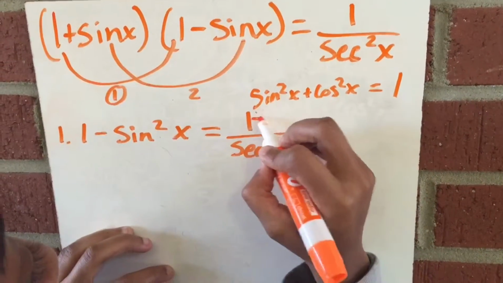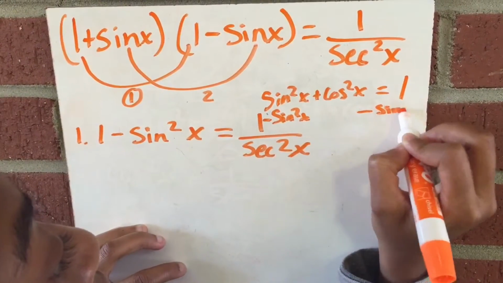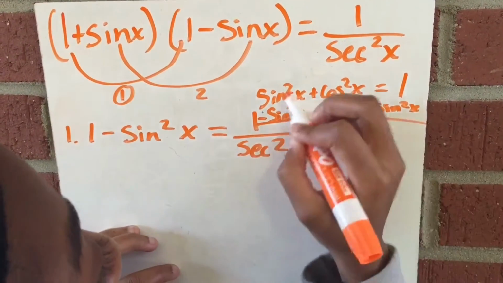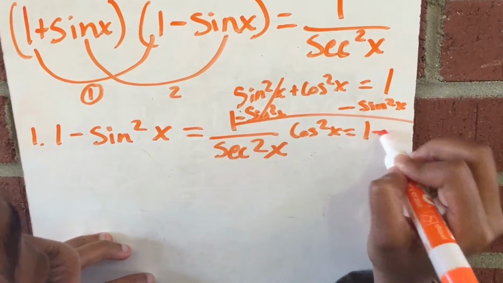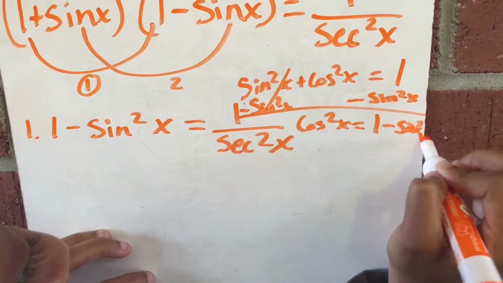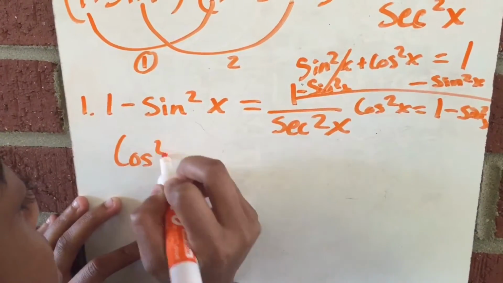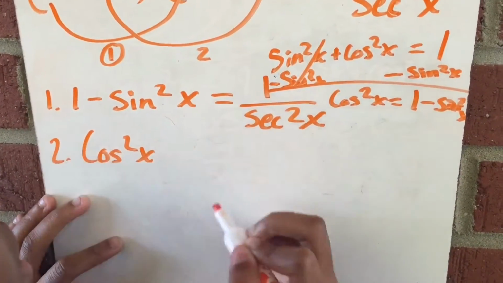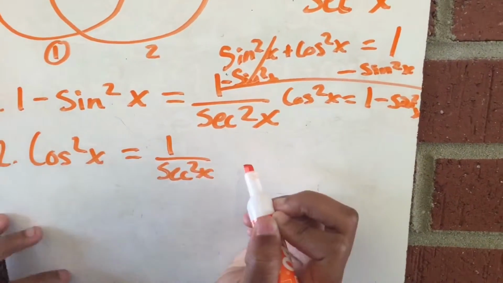And to get 1 minus, you just subtract sine squared x. Cancel that, and it'll be cosine squared x equals 1 minus sine squared x. So that's that side. You have cosine squared x equals 1 over secant squared x.